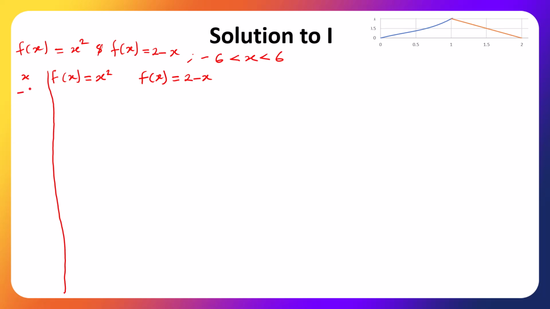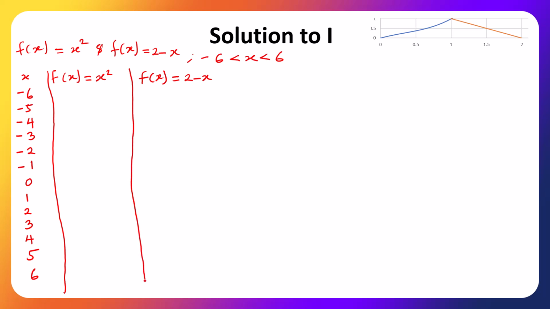So we have minus 6, minus 5, minus 4, minus 3, minus 2, minus 1, 0, 1, 2, 3, 4, 5, and 6.